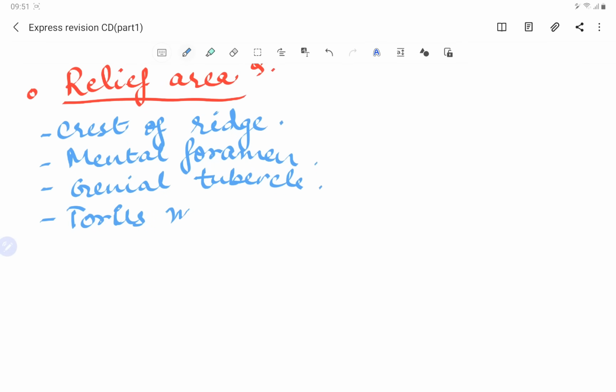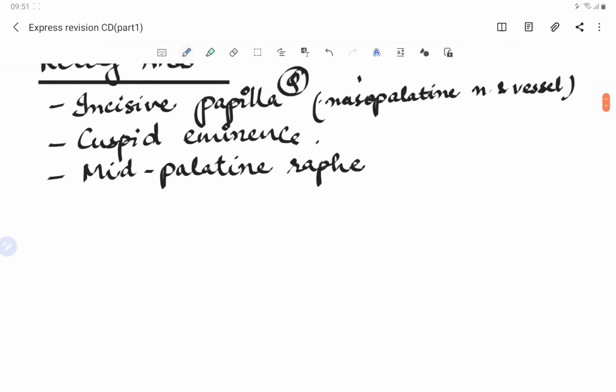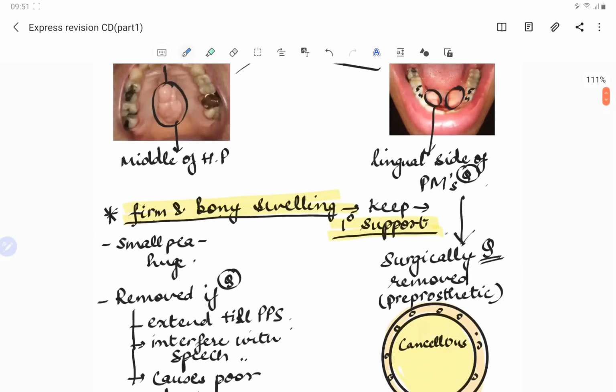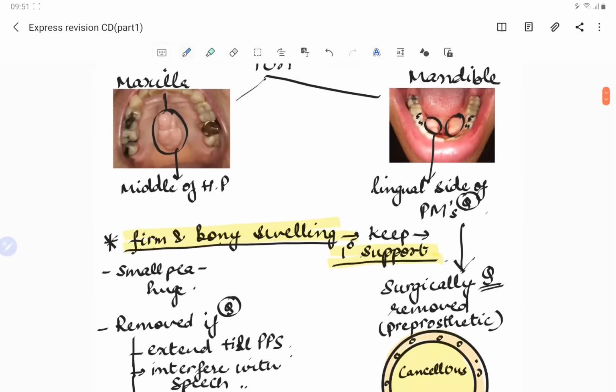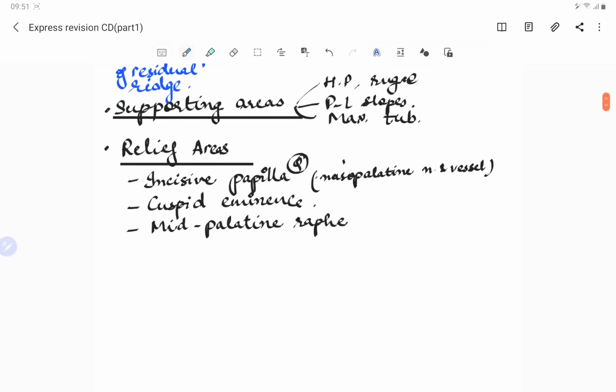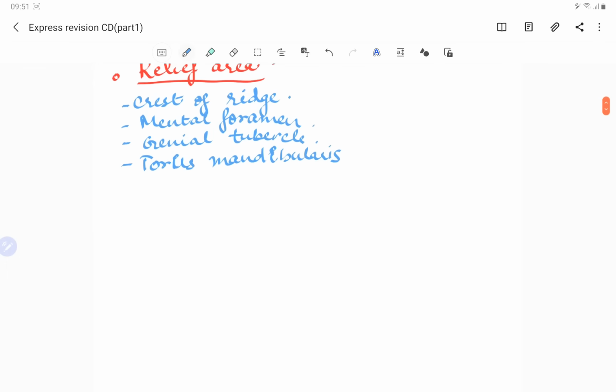torus mandibularis. In the maxilla, the torus we call it torus palatinus. Tori we have already covered, my lovely students. See, tori we have already covered in the maxilla and in the mandible. Okay. So, relief area.